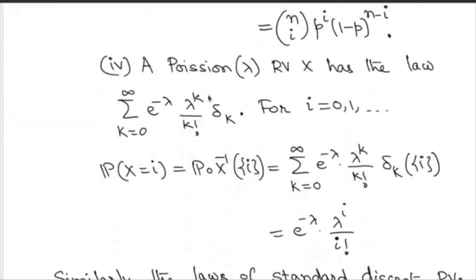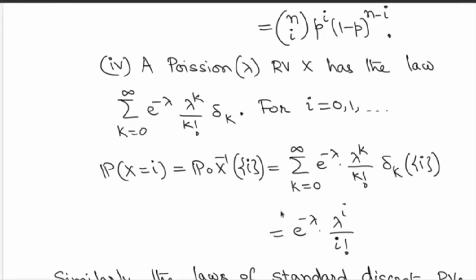A more general random variable, for example the Poisson random variable with parameter lambda, has the exact similar description. Here the law is an infinite combination but still a convex linear combination of Dirac masses, and what happens here again, if you choose these values i from 0, 1, 2, 3, 4, all these non-negative integers, then probability X equals i exactly appears to be this quantity, which is again the familiar probability mass function for a Poisson random variable.